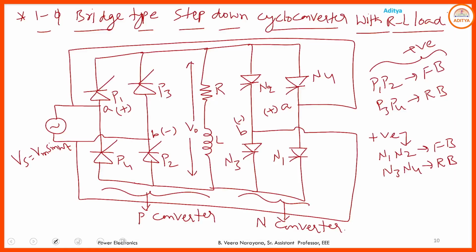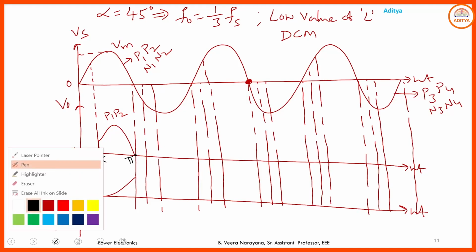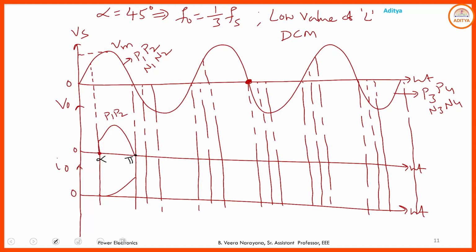And the current flows through the circuit from A through P1, R, L, P2 to B and the source. So during that, some energy is stored in the inductor. The energy stored in the inductor is completely discharged before pi plus alpha.